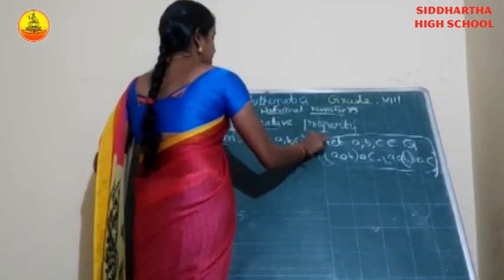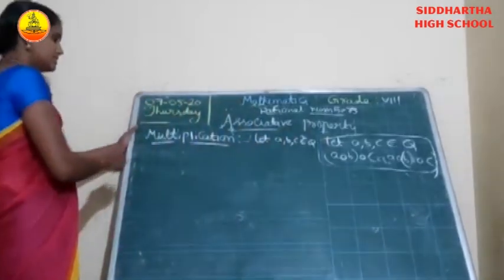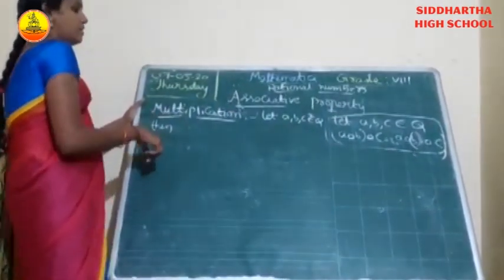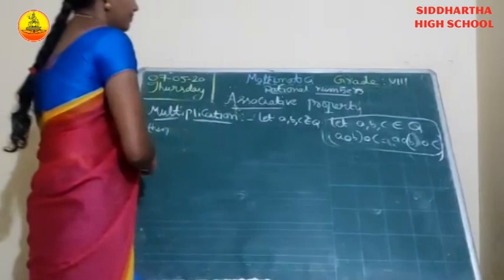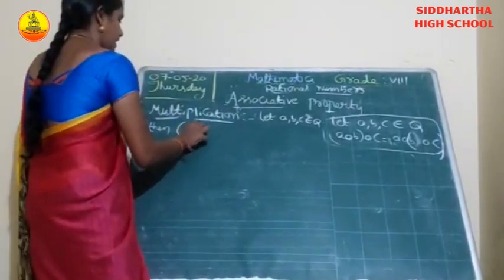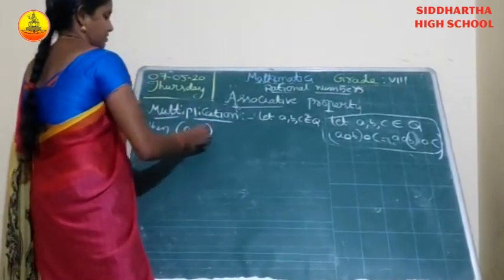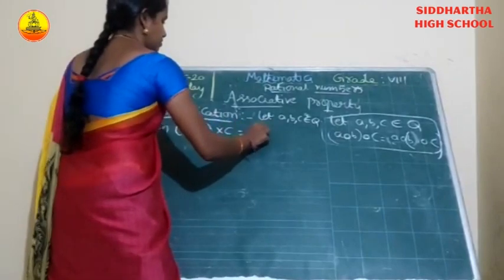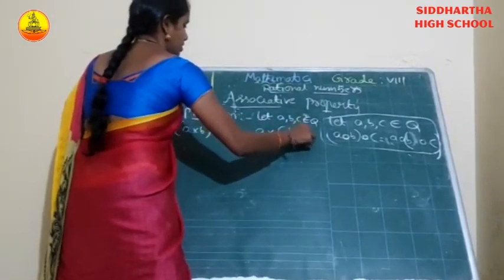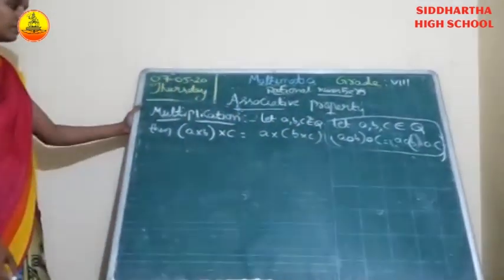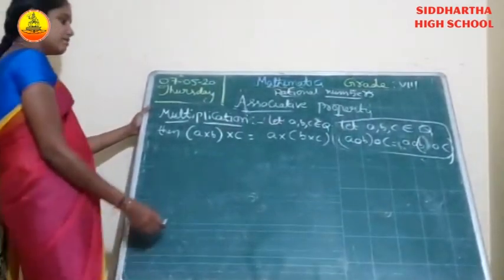If A, B, C are any three rational numbers, then in the place of the circle you keep (A into B) into C is equal to A into (B into C). We will check whether they are equal or not.